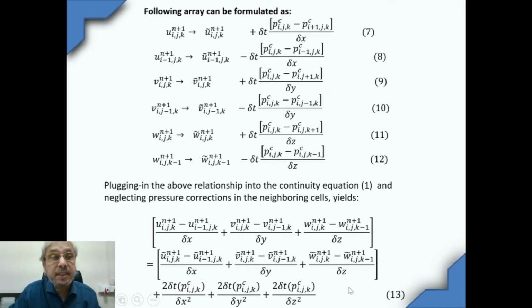And definitely this may not be proper to neglect, and for that we have to really pay some price. We'll see that also. So by neglecting, we can write this term, which is equation 13.